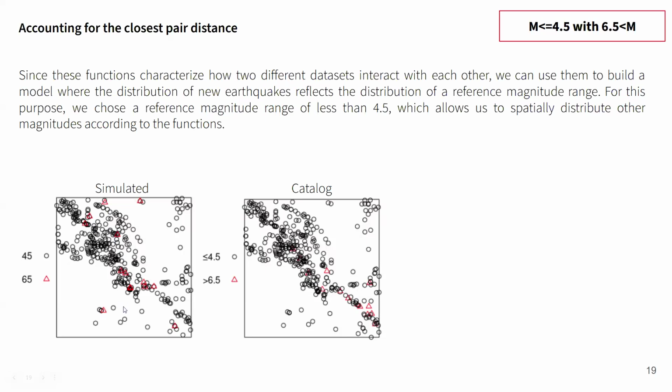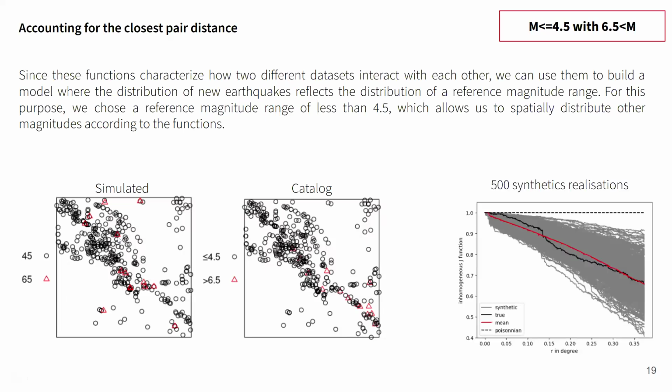when you try to see where the new 6.5 localization will be. Okay. And now what we want to see is if the model is working well or not, because the goal at the end is to replicate exactly the same J function when we simulate as the one that we computed using the catalog.